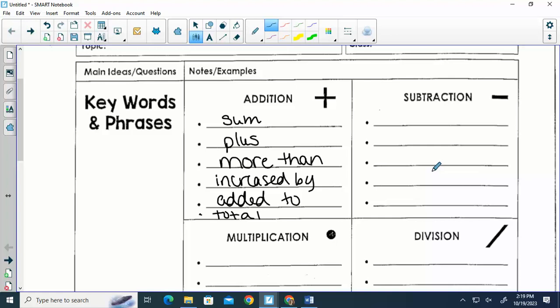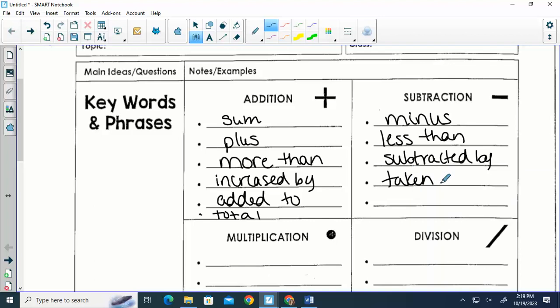What are some words that might mean we need to subtract? Less than, subtracted by, taken from. What if we said difference?